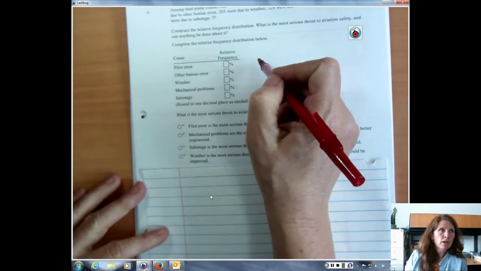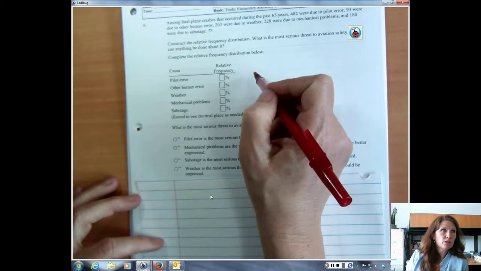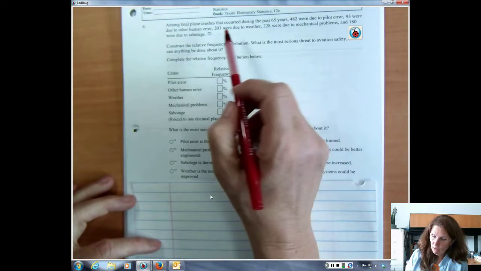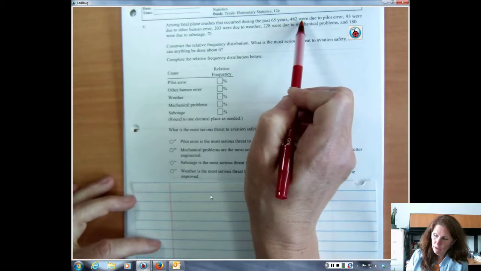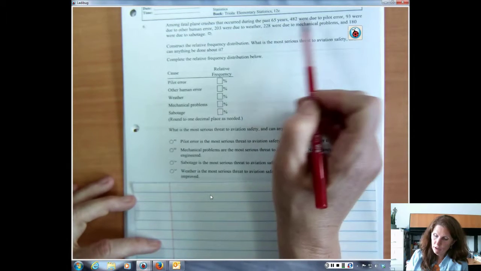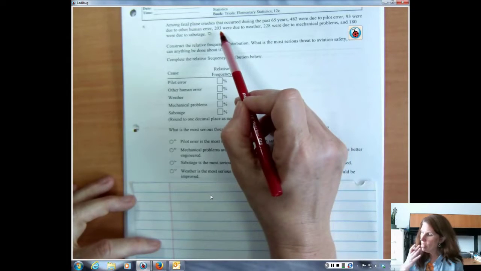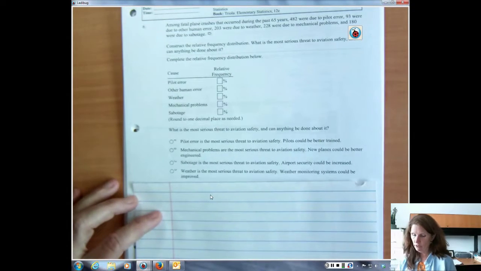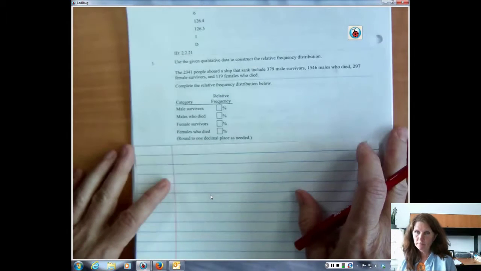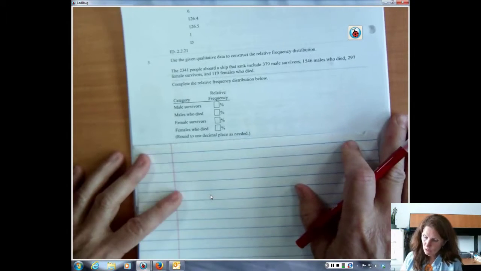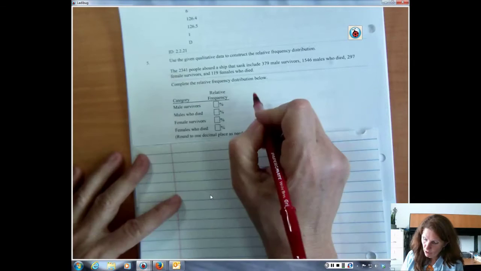Anyway, this one's a little different. Among fatal airplane crashes that occurred during the past 65 years, 482 were due to pilot error, 93 human error, 203, oh, that's a different problem. That's why it looks so different. Okay, let's actually do number 5. There were 2,341 people on board.